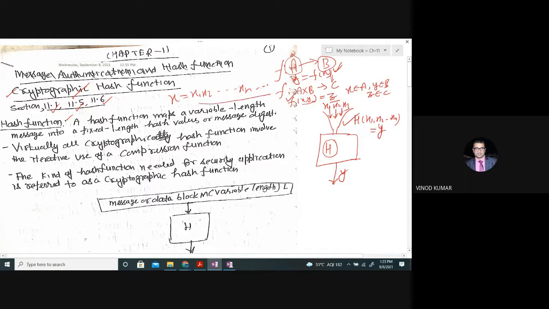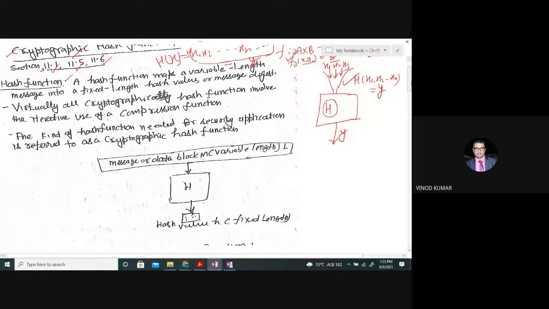You operate the hash function on this x, then we find a finite length value. So a cryptographic hash function is a function which converts an arbitrary length string into a finite length string. Arbitrary means we do not define the length of the string, or the length of the plain text. This is the basic definition of the hash function.